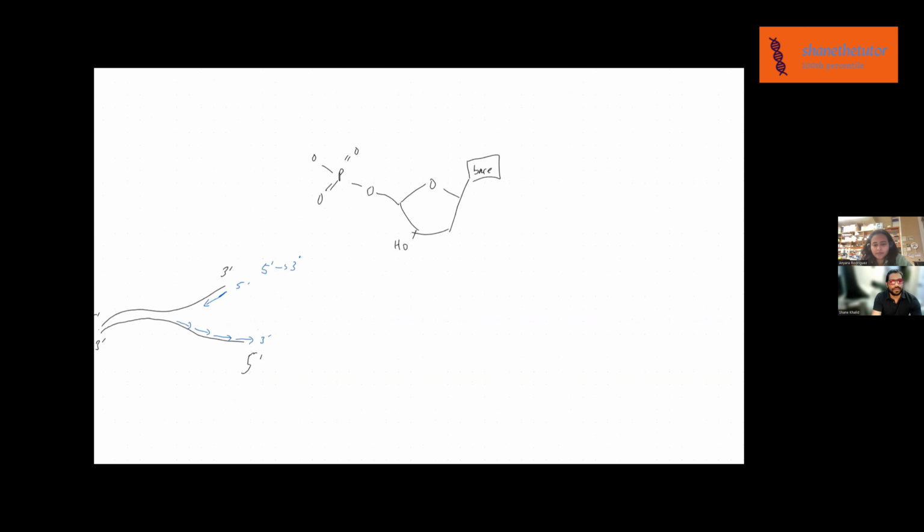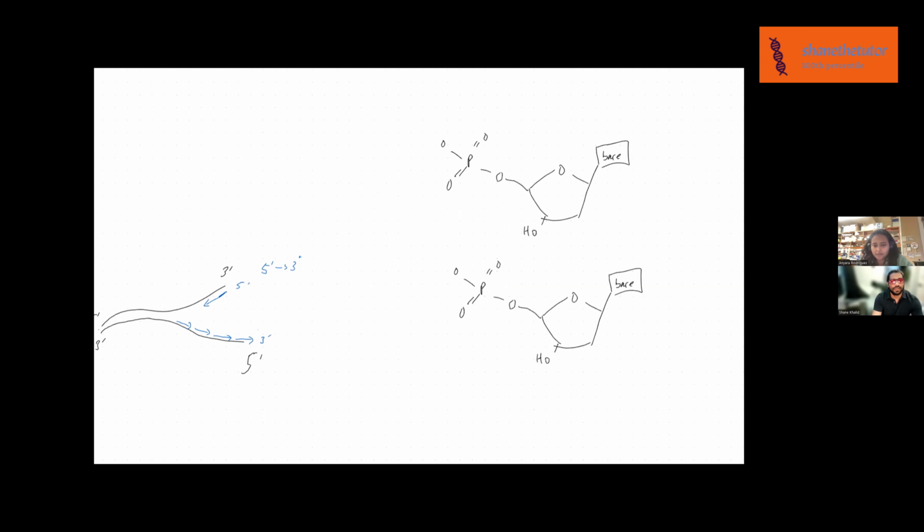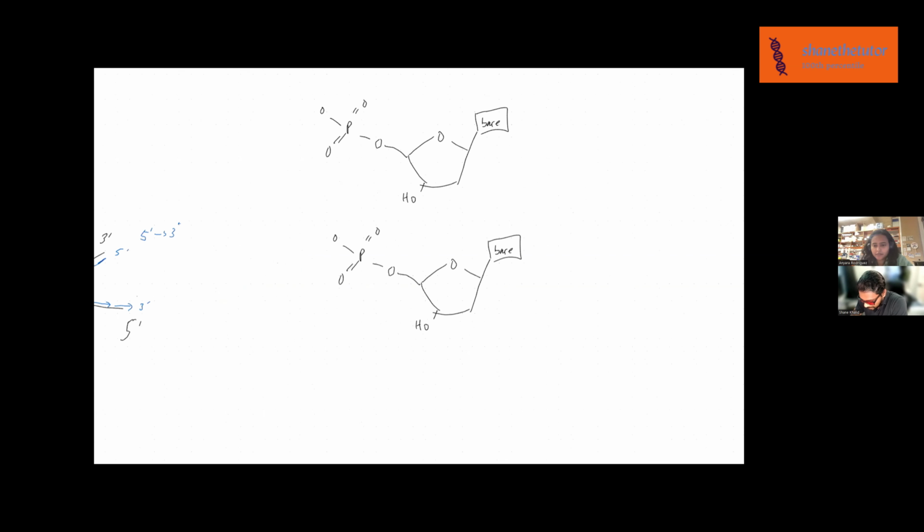Now, this is carbon 1, carbon 2, carbon 3, right? Carbon 4, and then I think there's another carbon there.